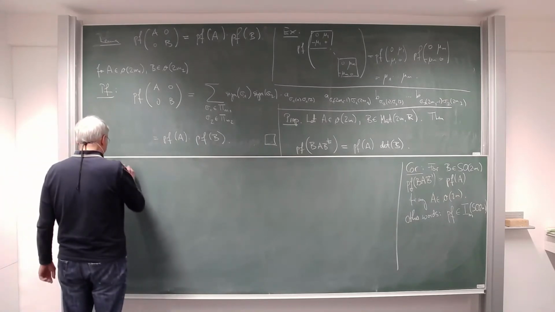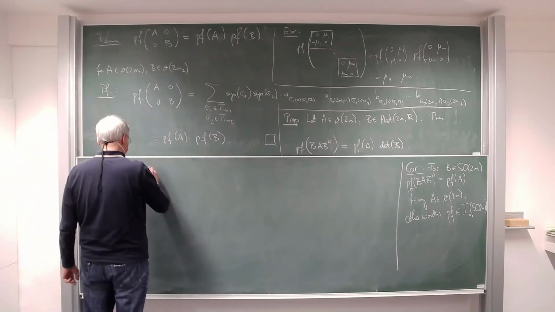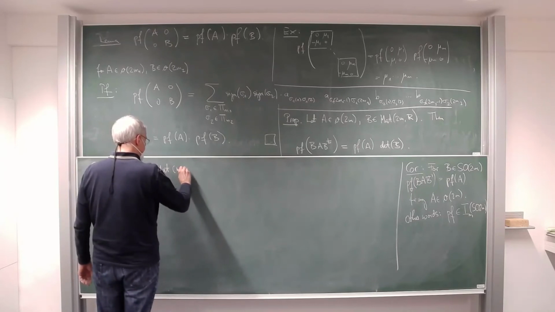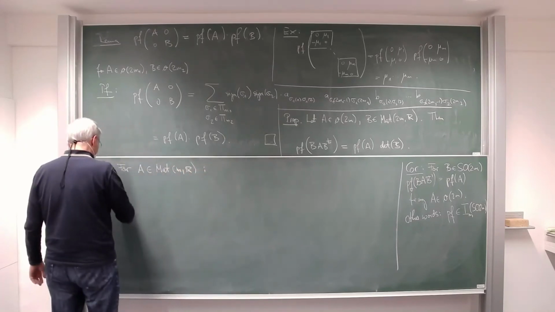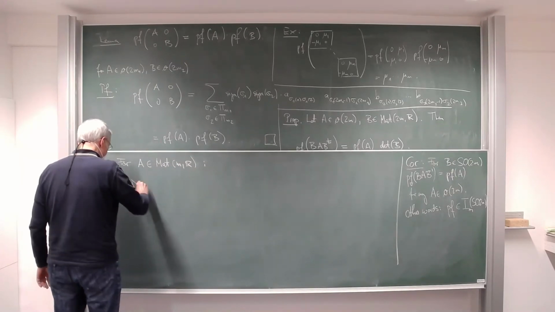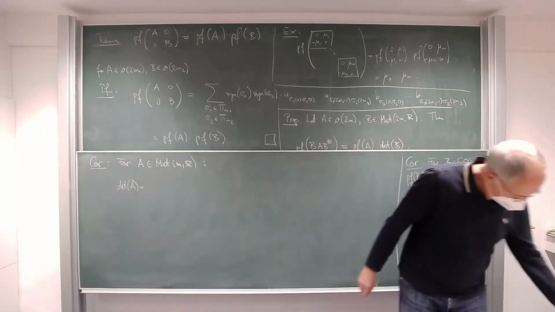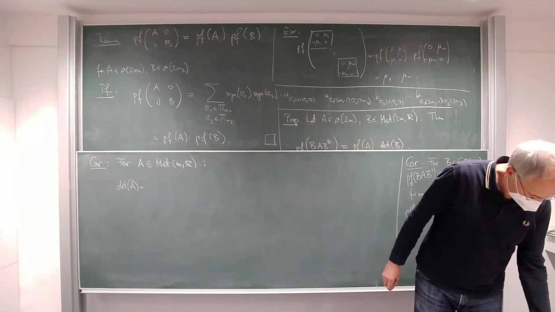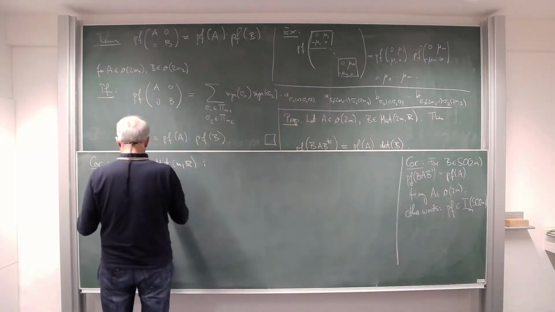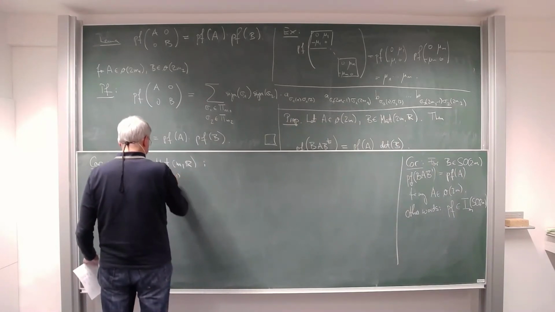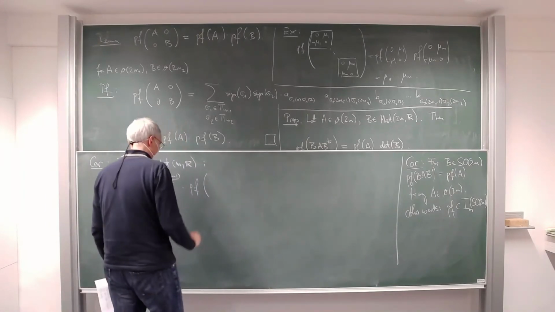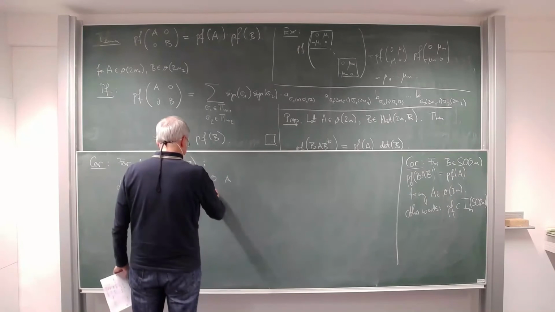Namely, for any M by M matrix A, we have that the determinant of A, and we now have to check the sign here, is -1 to the n minus 1 over 2, so there's the sign, times the Pfaffian of the skew-symmetric matrix which is given by this.